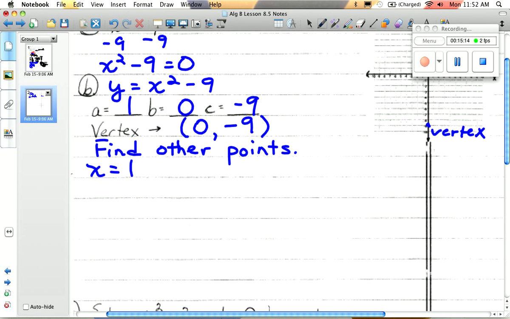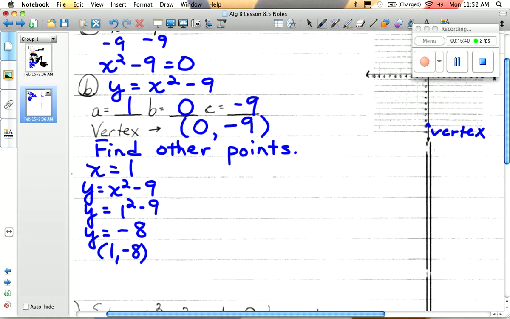So we'll put it into y equals x squared minus 9. So we get y equals 1 squared, take away 9. What do we get? Negative 8. So what ordered pair do we have? 1, negative 8.